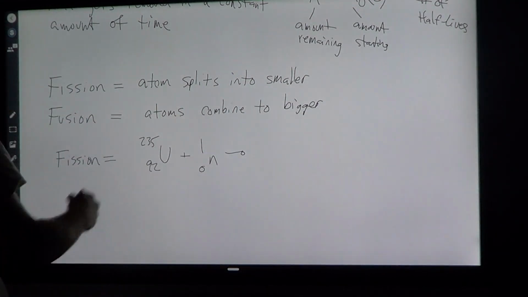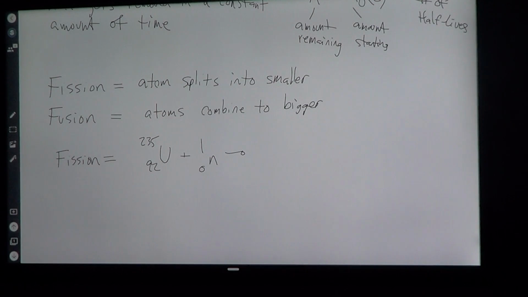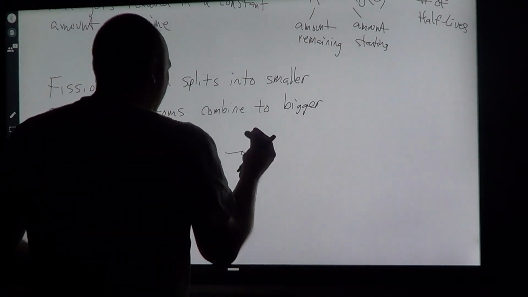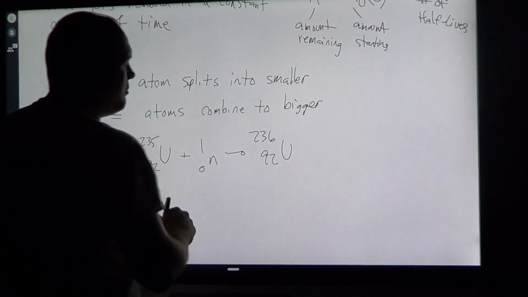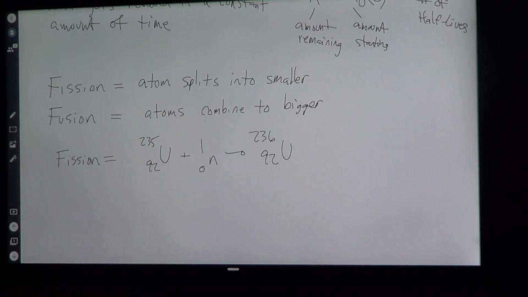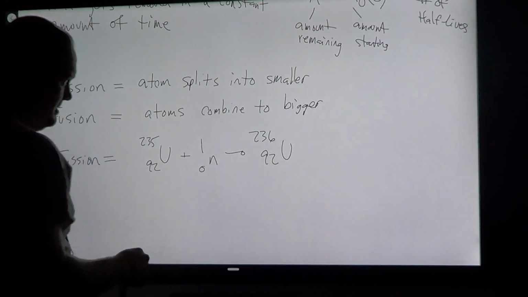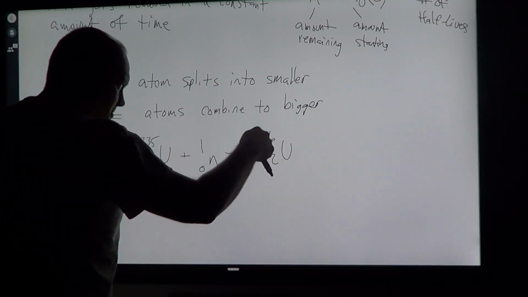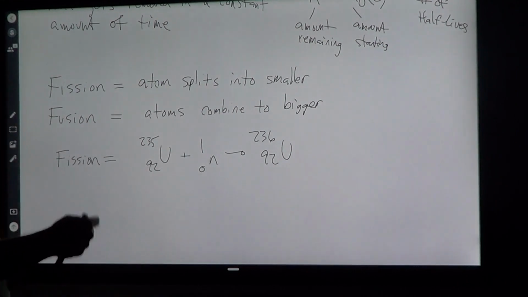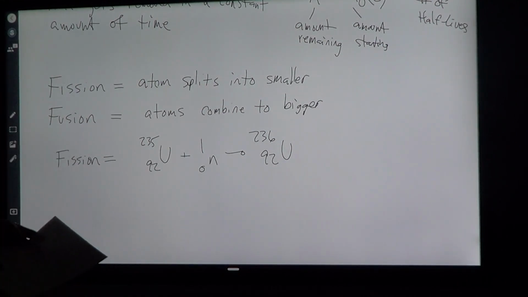If we hit uranium-235 with a neutron, and this is how we make our nuclear weapons, what happens is this combines to become a uranium-236. And this is important because uranium-236 is a fissionable isotope. Okay? So this substance is unstable and it will undergo fission.